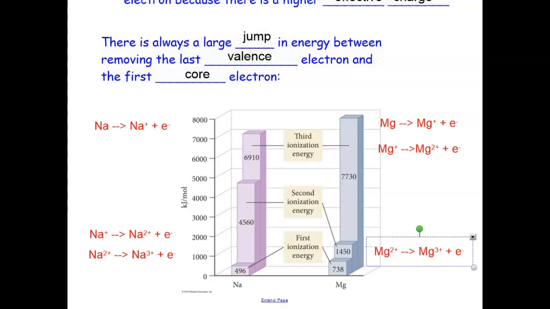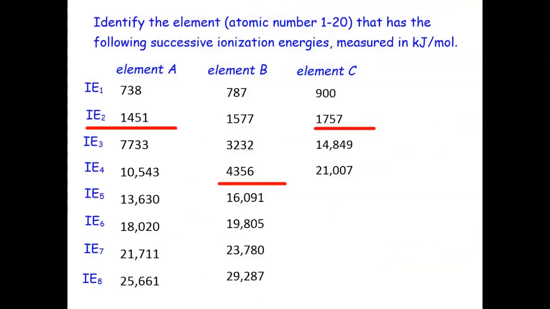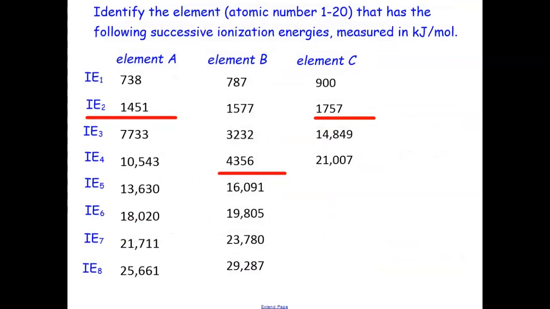So let's take a look at some possible data. Here I have 3 unknown elements, and I've marked where the big jump is. So for the first one, it's going to be a +2. It will make a +2 ion. It has 2 valence electrons. The second one, there's a big jump in ionization energy after the 4th.